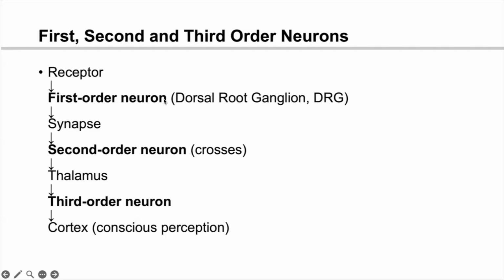And then it passes from its synapses to the second order neurons. Usually it goes into the medulla oblongata, and where crossing over would take place. And then it goes into the third order neuron, which is in the cortex.